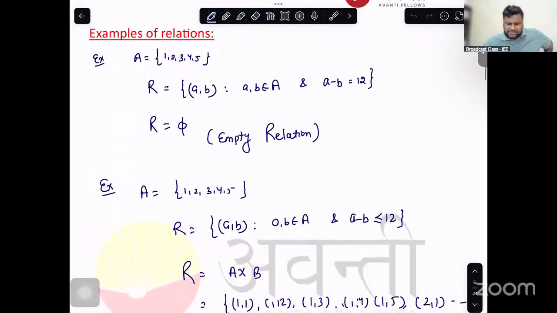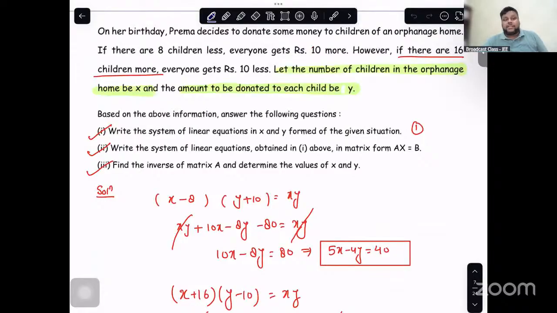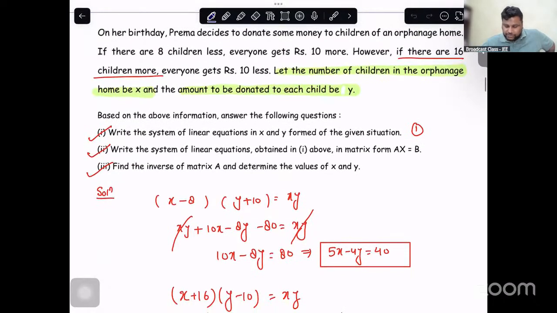Then we have done some examples of empty relation, universal relation, and also we have practiced one question from determinant from the matrices chapter, how to solve word problems using equations. Yes or no?